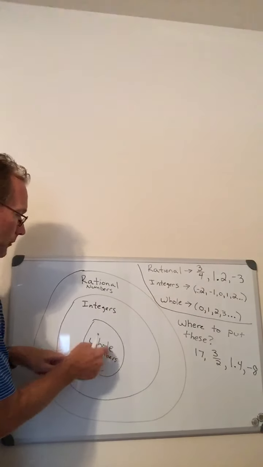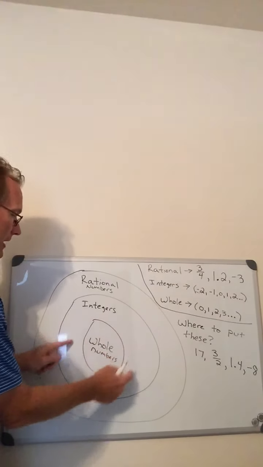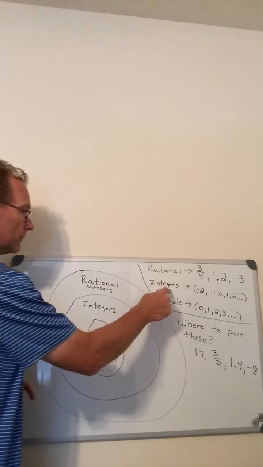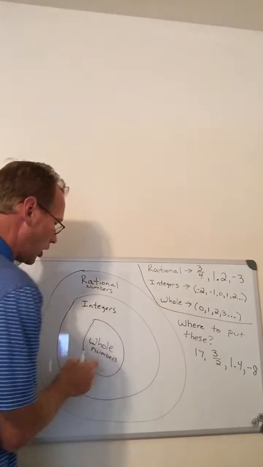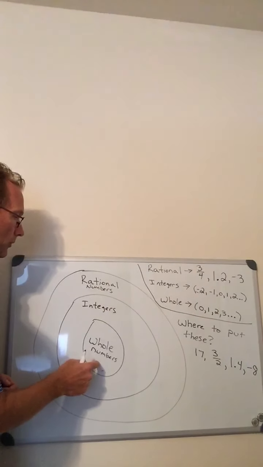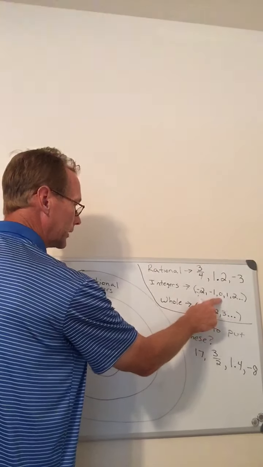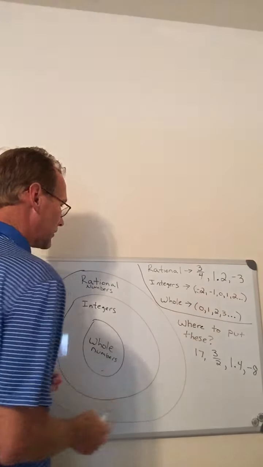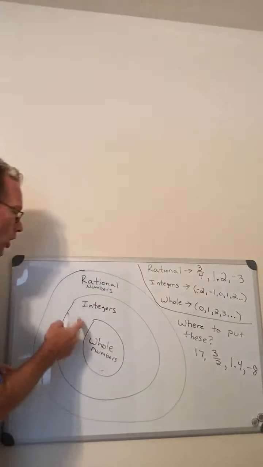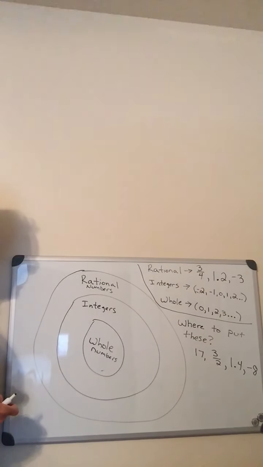Then, going out from the very center bullseye, you have the integers. You see over here, the integers also include the whole numbers. The integers include 0, 1, 2, 3, etc. But with the integers, we also add negative numbers.